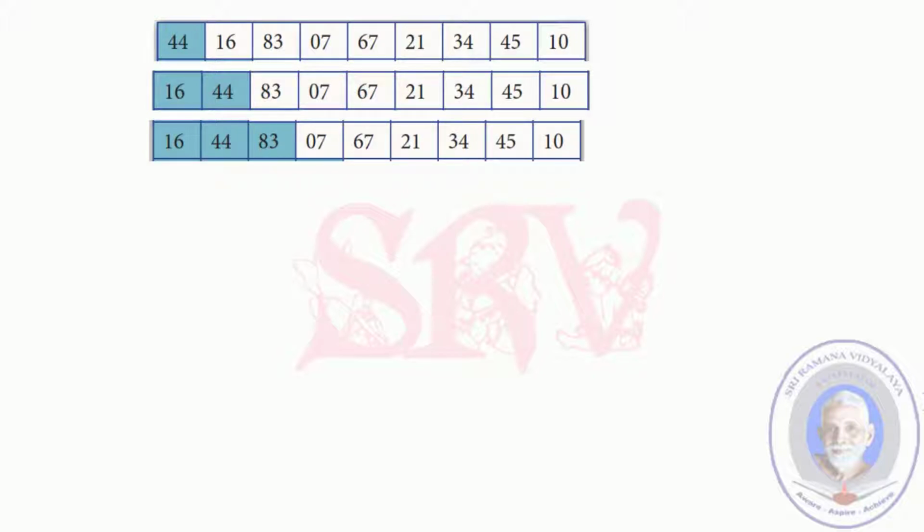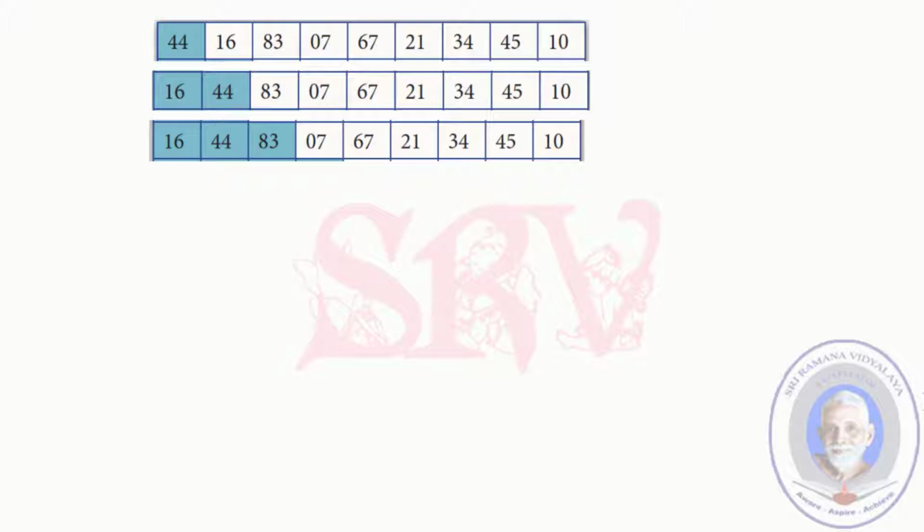Now 83 is compared to its next element, towards its right, which is 7. As 7 is the smallest of all the elements to its left, the values are shifted one after the other and 7 is inserted at index 0. Here we have to note that before shifting we move 7 to a buffer.